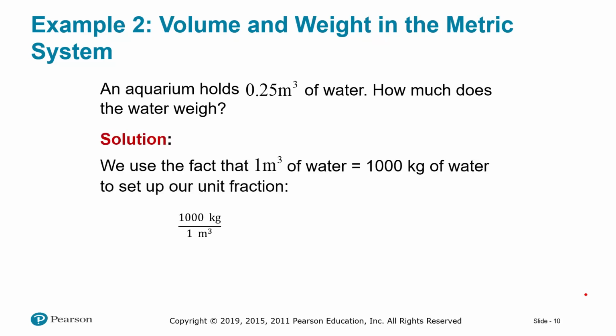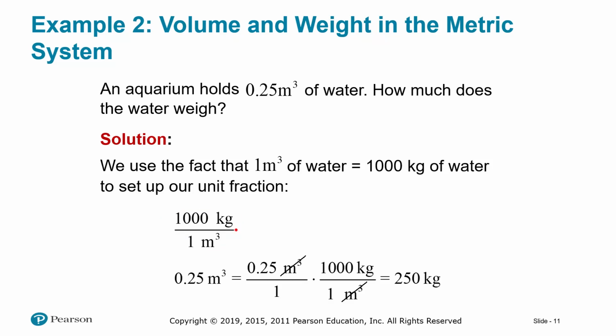So we're going to use our unit fraction, because from that table we saw just a moment ago, 1,000 grams and 1 cubic meter are equivalents when we're talking about water, and we are talking about water.